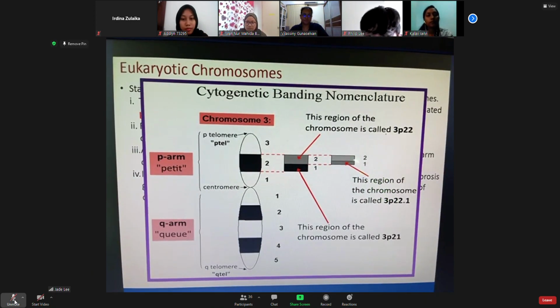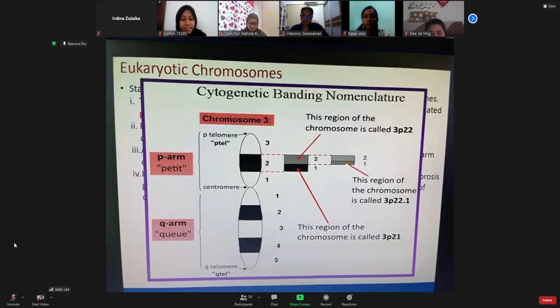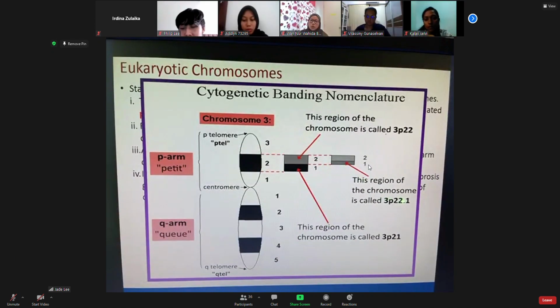Okay, so kalau kita tengok ini, kalau kita nak region ini, kita panggil dia 3p22.1. Yes? Kalau ini, kalau di sini, 3p22.2. And this is how we locate our gene.